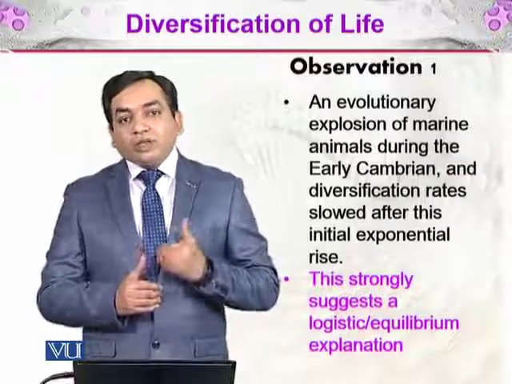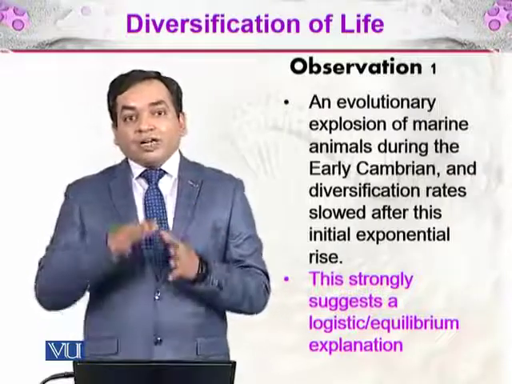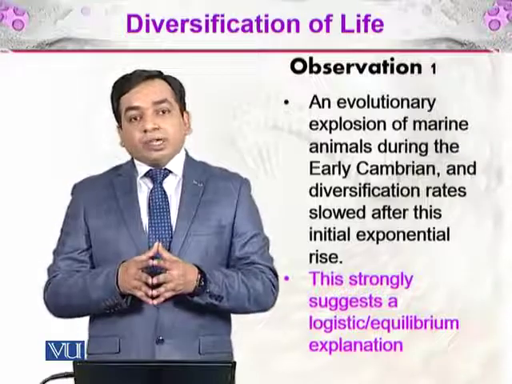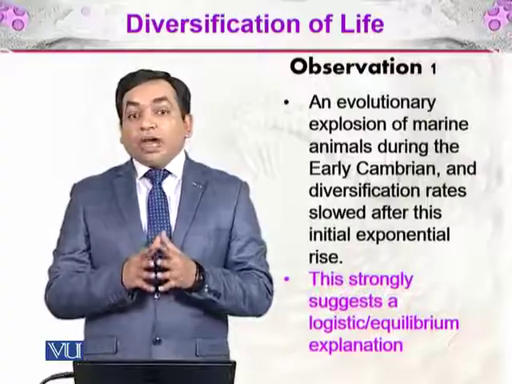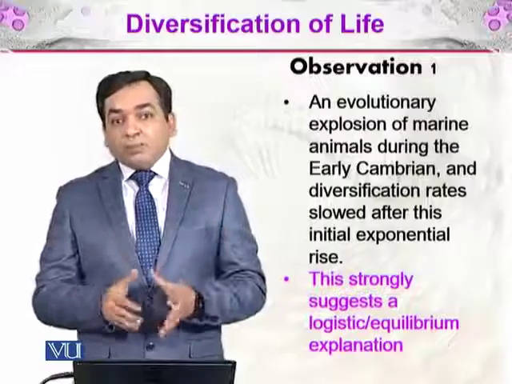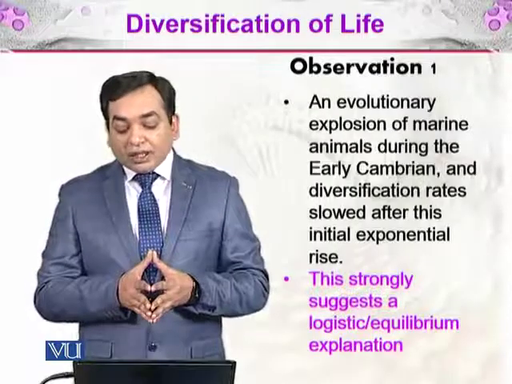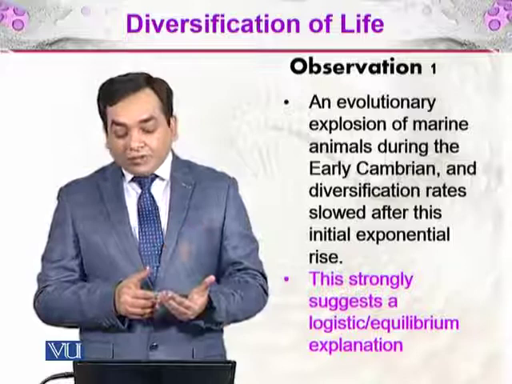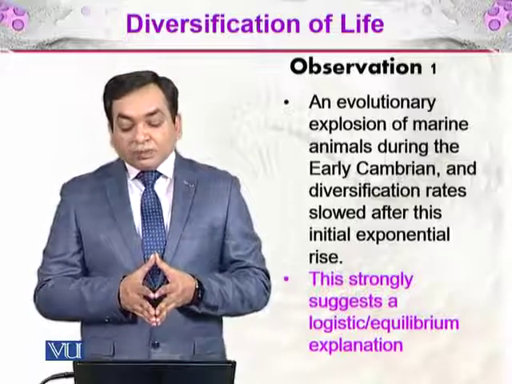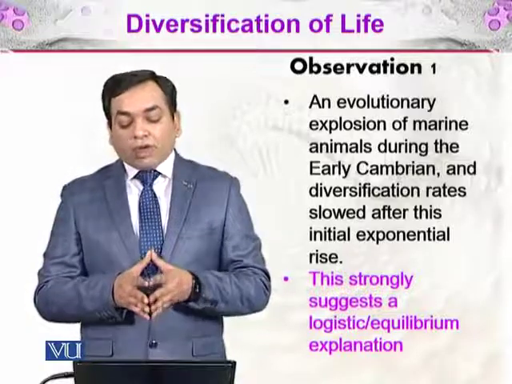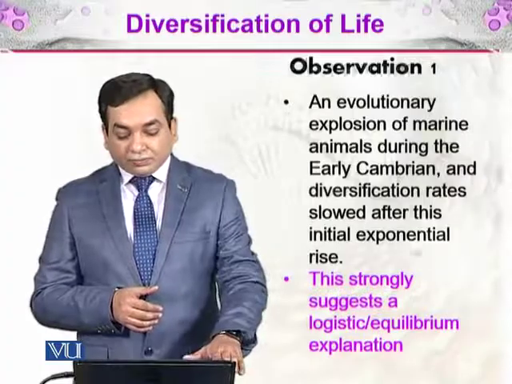First there was a very large increase, and then it slowed down. If it was an expansion model, it should have been expanding till today, but it does not. So that means this is not expansion but a logistic or equilibrium explanation.